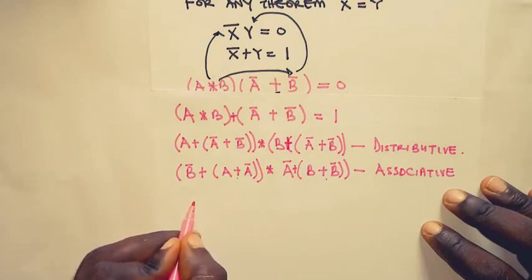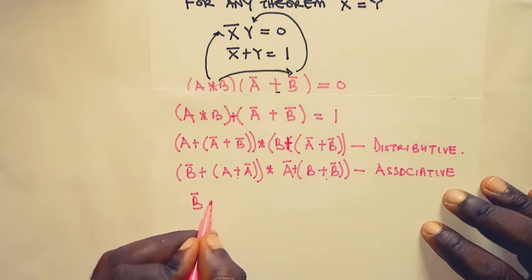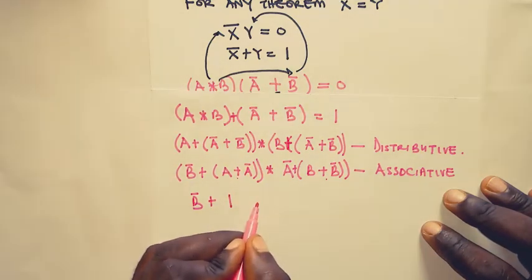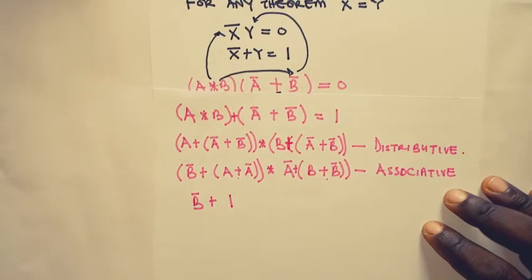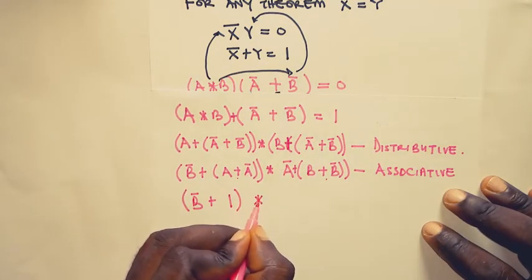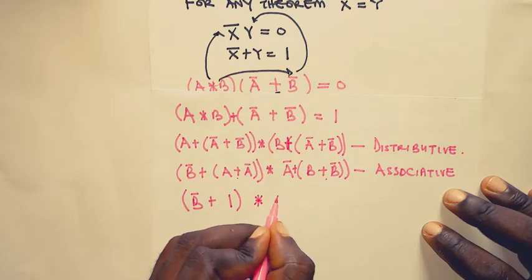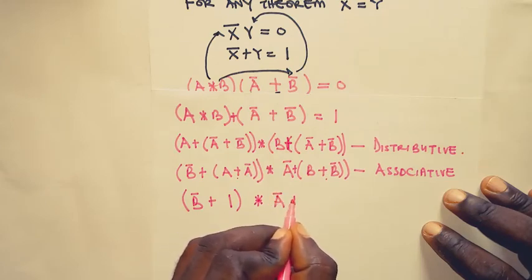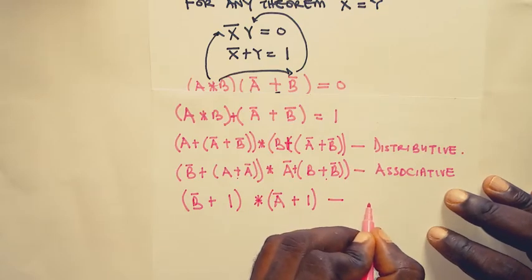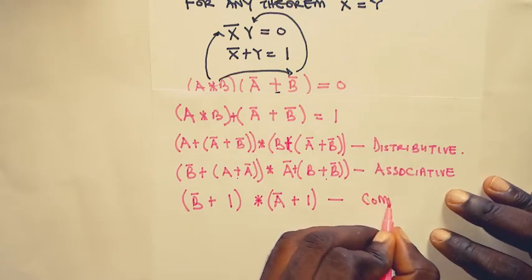So we have here B bar plus 1, and multiply by A bar plus 1, and this is what we call the complement law.